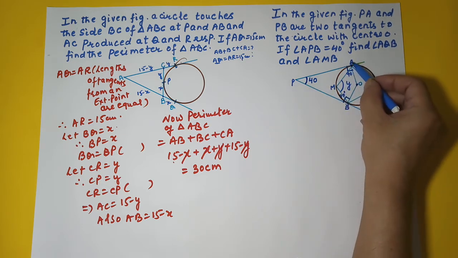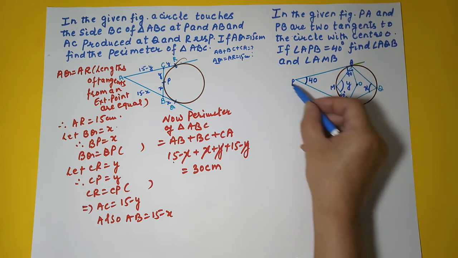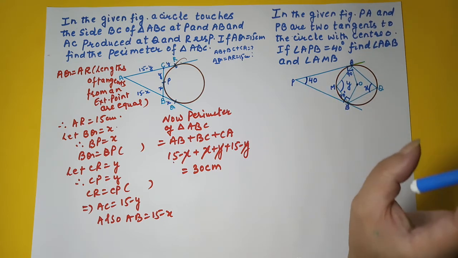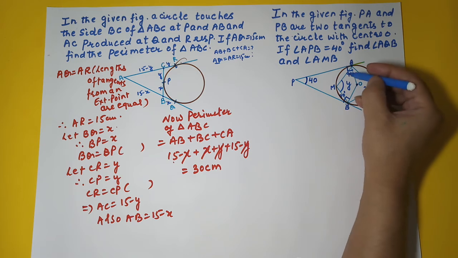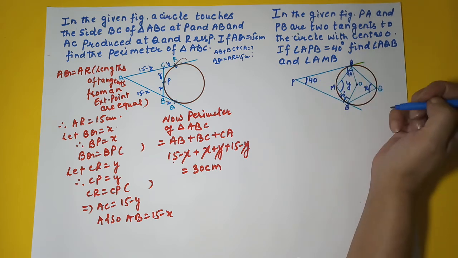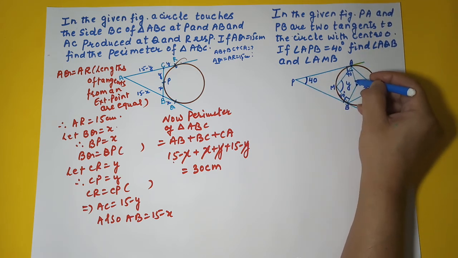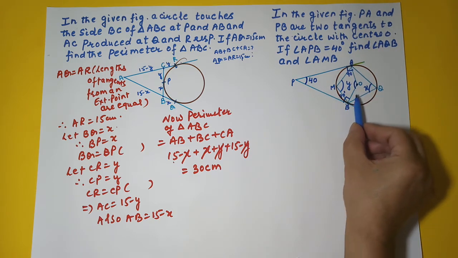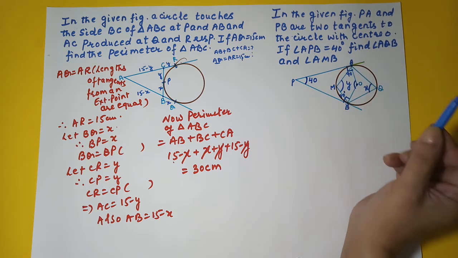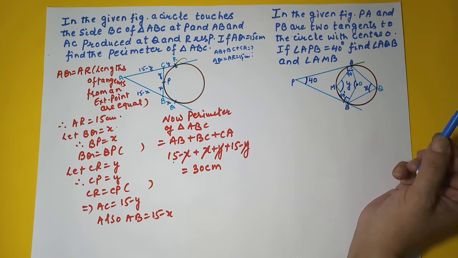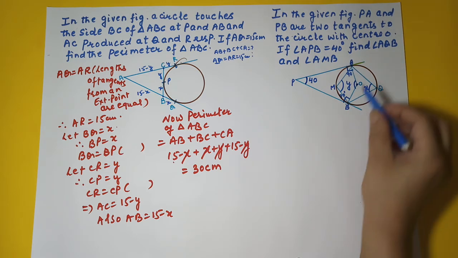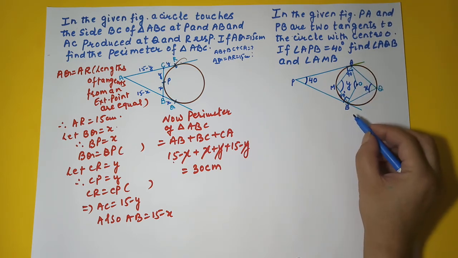Look at this quadrilateral AOBP. It's a quadrilateral, not a cyclic one, but it's a simple quadrilateral in which three of the angles are given. You can find angle AOB. How? 40 plus 90 plus angle AOB plus 90 is equal to 360, because we know that the sum of the angles of a quadrilateral is 360 degrees. So you will be in a position to find angle AOB.